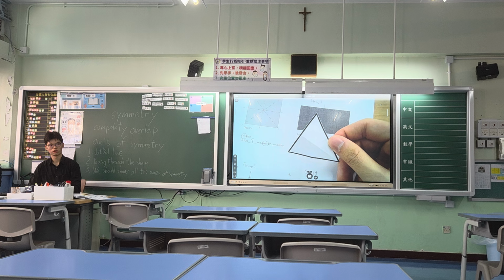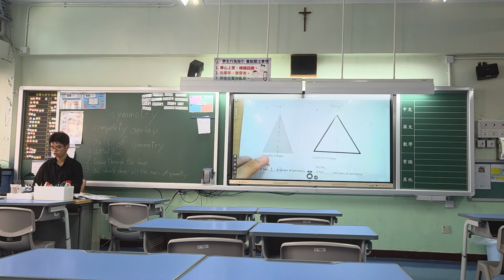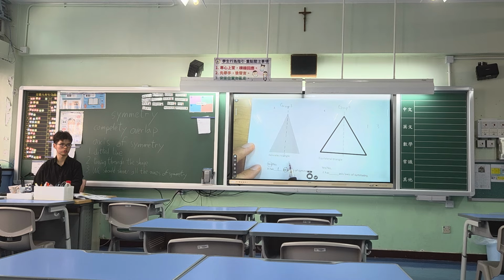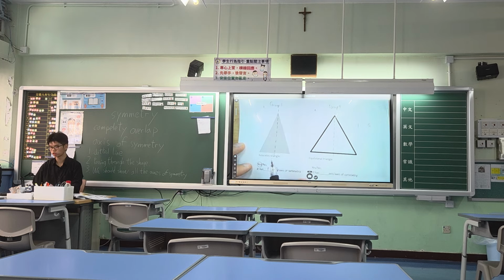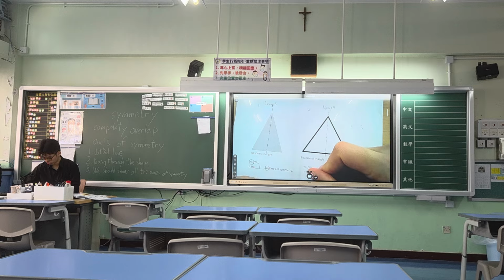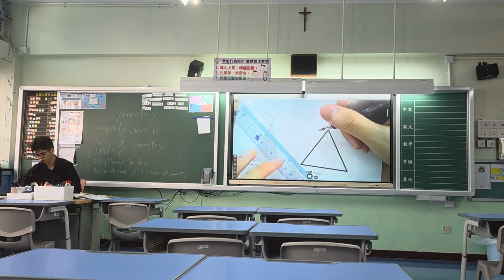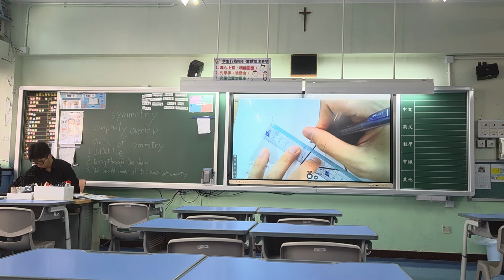Yeah, don't be misled by question 3. There are different types of triangle, and some of them have only one axis of symmetry, but some of them have 3 actually. So actually it's 3. Okay, let me draw the remaining 2 dotted lines passing through the whole shape.